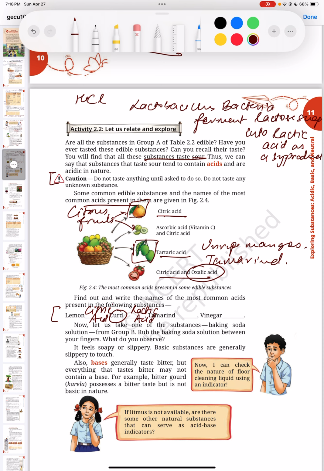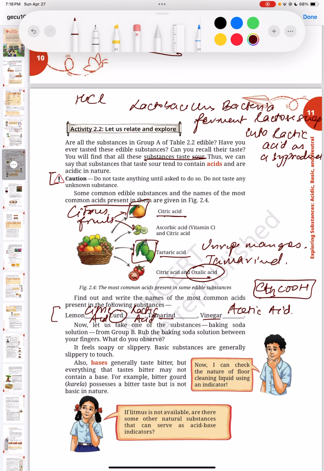Okay, all right. What about tamarind? So tamarind contains tartaric acid mostly. And what about vinegar? So vinegar contains acetic acid, mostly, right? Acetic acid is actually nothing but CH3COOH.